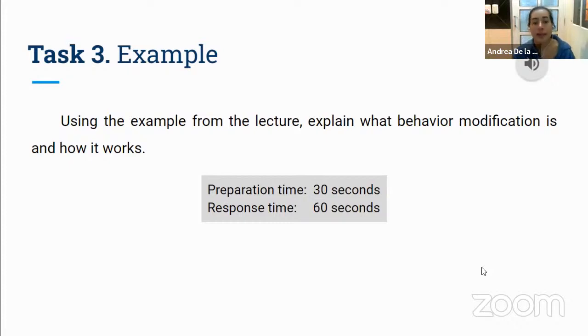So you have to do exactly what we were doing before, right? What Mateo did too. You need to tell me what behavior modification is, but not just using the definition you got. You need to use that example to explain to me what it is. The way that I like to think about this is to explain it like you were explaining it to a 12-year-old child.